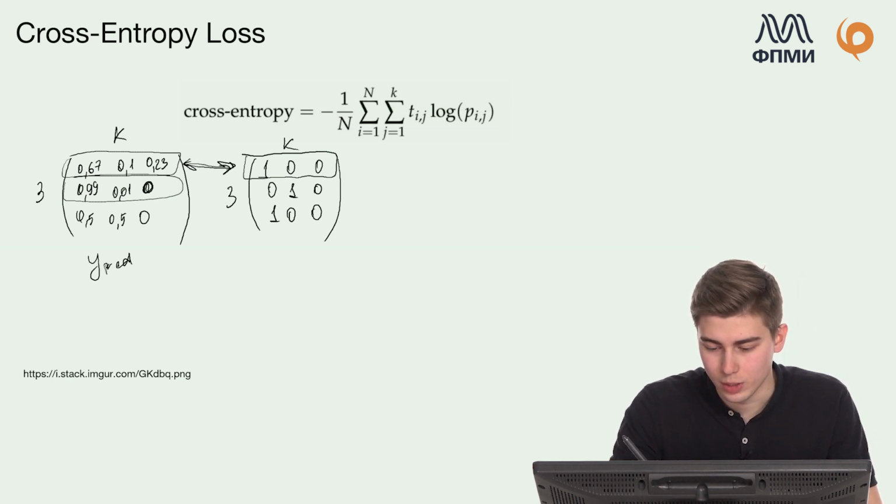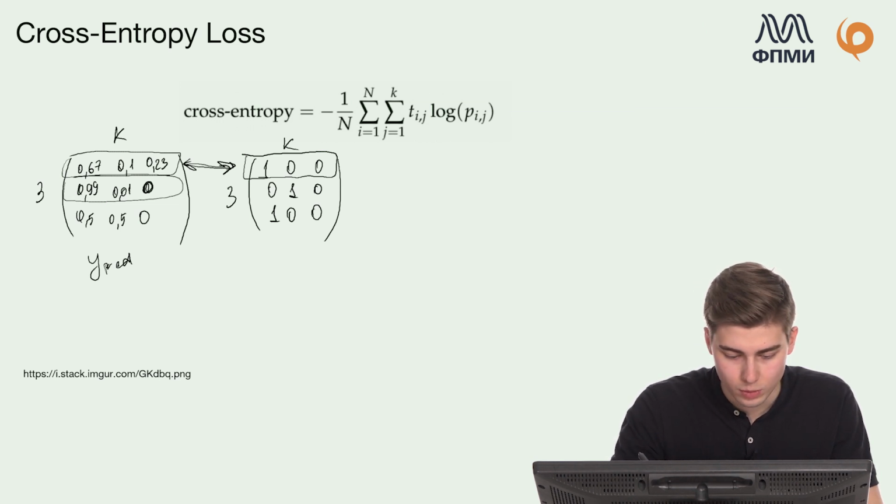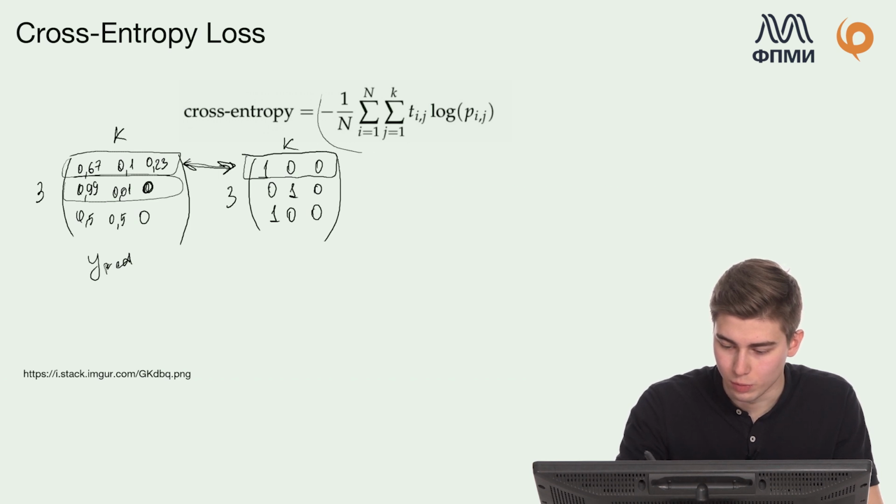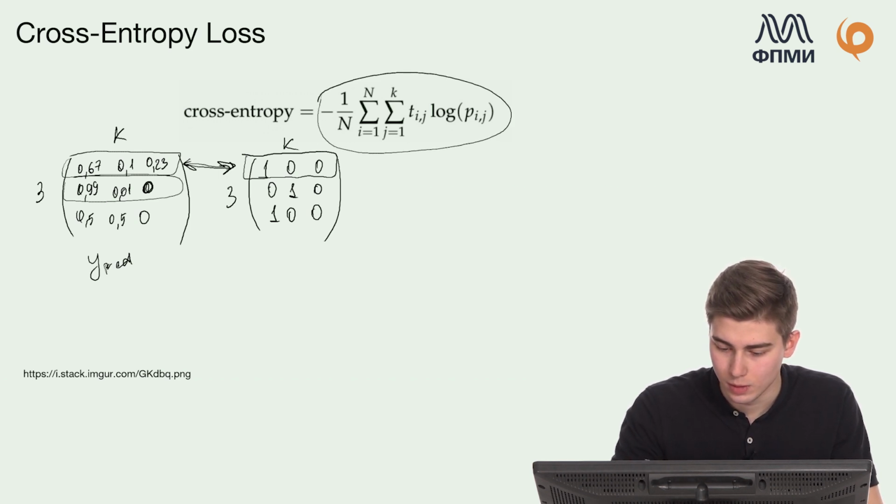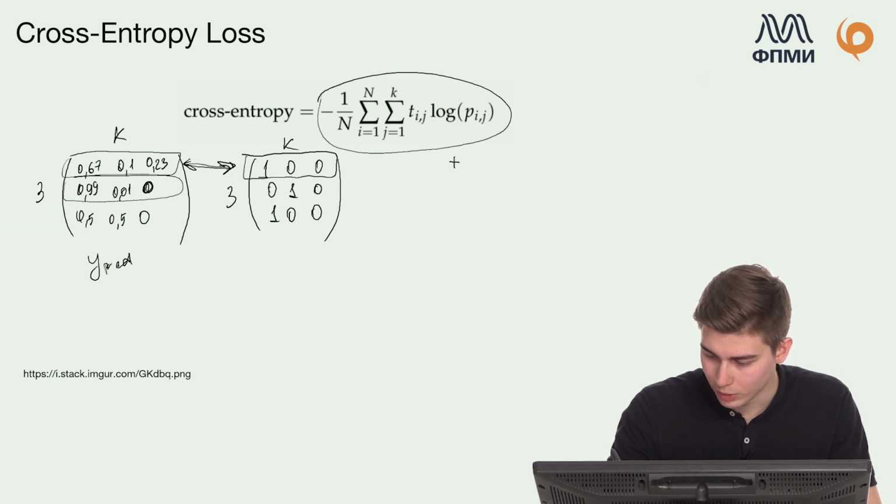The cross-entropy loss allows us to reach this goal. So we can just use this formula, and let me write it like this.